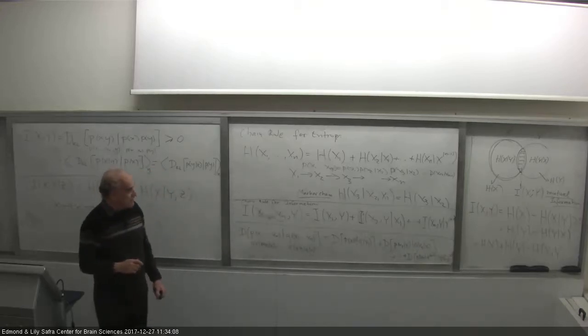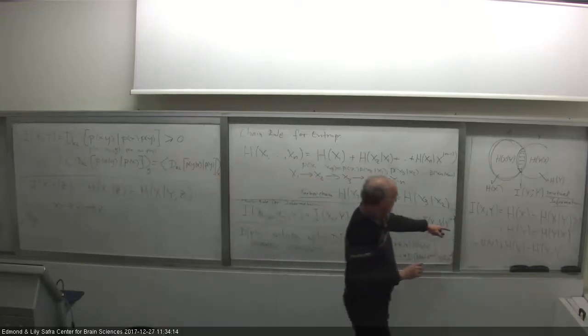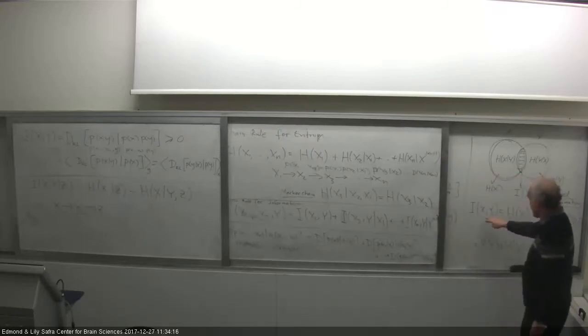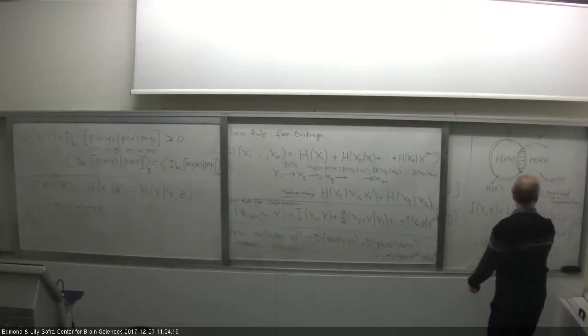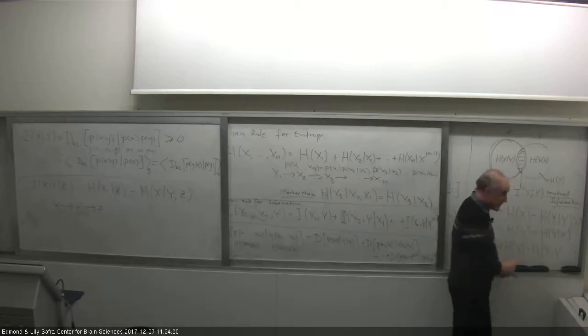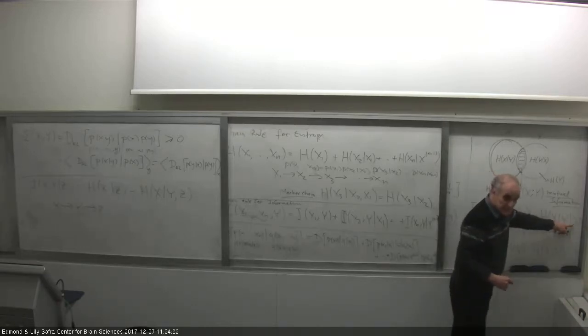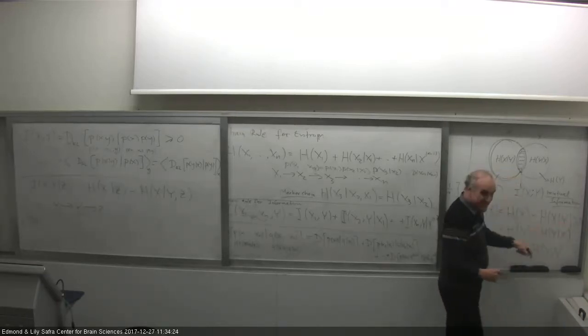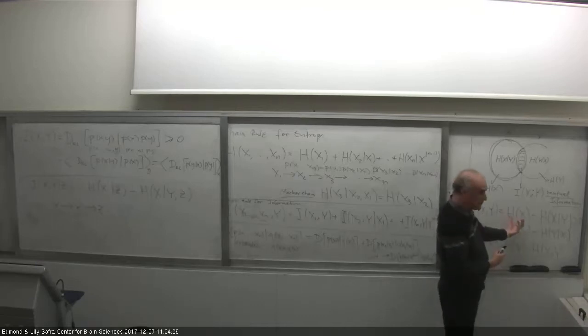Yes? Please explain again how the information can be minimal, or what do you mean that it's bounded by the information of y? Because I see that I(X;Y) is always H(X) minus H(X) minus 1, and this is positive. Both of them are positive. So everything here is bounded by H of x. But you have it n times. No, and everything here is bounded by H of y.